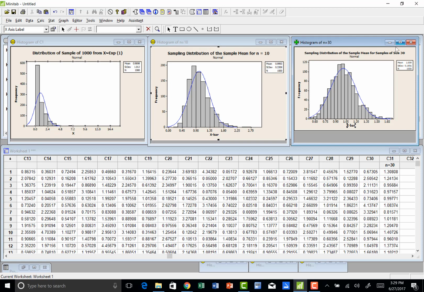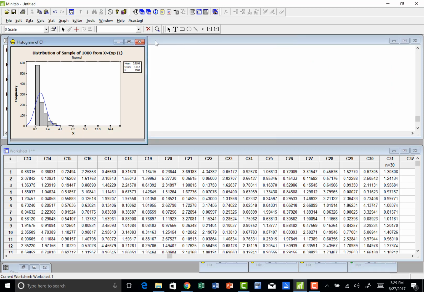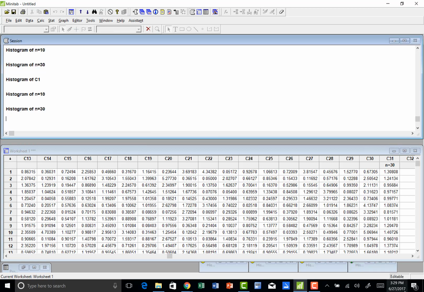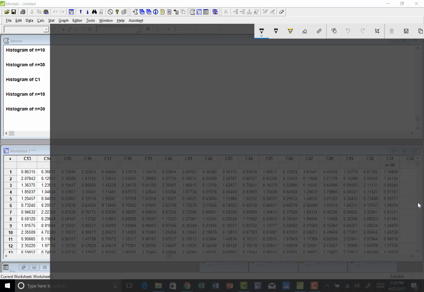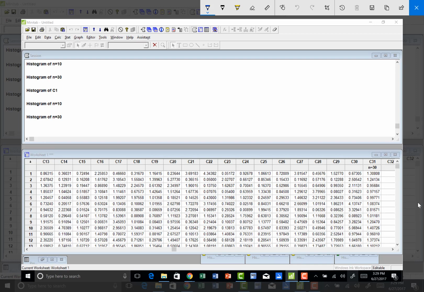Now a quick look at the notation for sampling distributions that I'd like to go over with you right now. Remember that this is the symbol that we use for the mean of the sampling distribution of the sample mean. Here's the standard error of the sampling distribution of the sample mean.